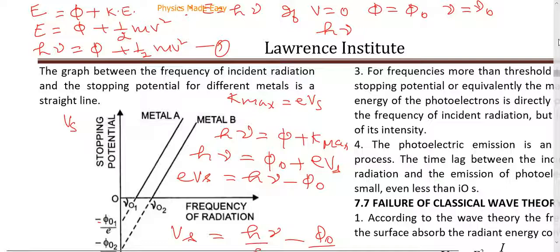So I shall have h nu naught equal to phi naught plus 0. This implies that h nu naught is equal to phi naught. I have called this equation number 2.